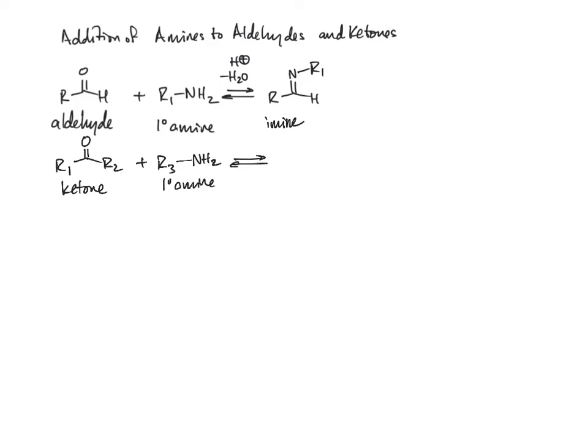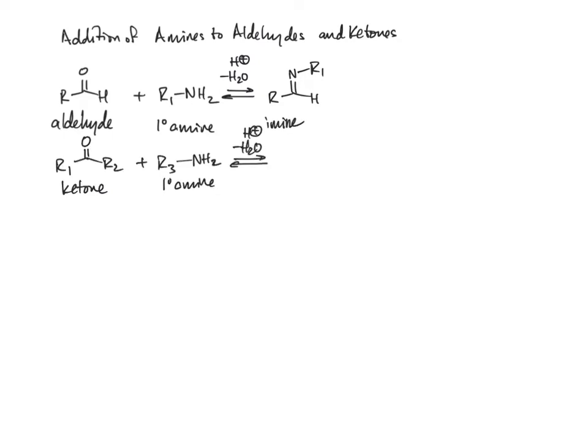Again, I'm putting this as reversible because these are condensation reactions that produce water. So you can do the reverse reaction by adding water to get the carbonyl containing compound and the primary amine. So H plus, minus H2O.